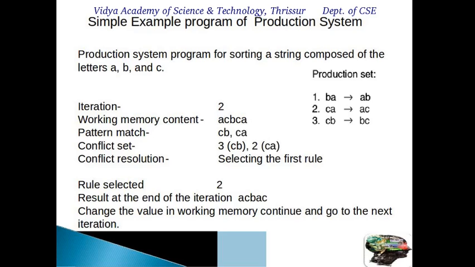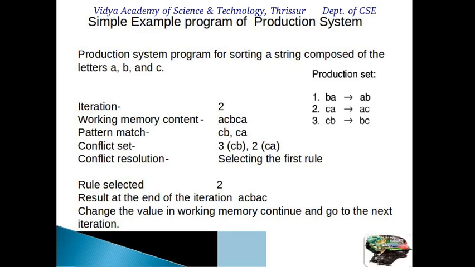In the third iteration, the index is 2. What will happen is two conditions are met. There is CB and CA in the word. CB means the corresponding rule is 3, that has to be fired, and CA, two conditions are met.